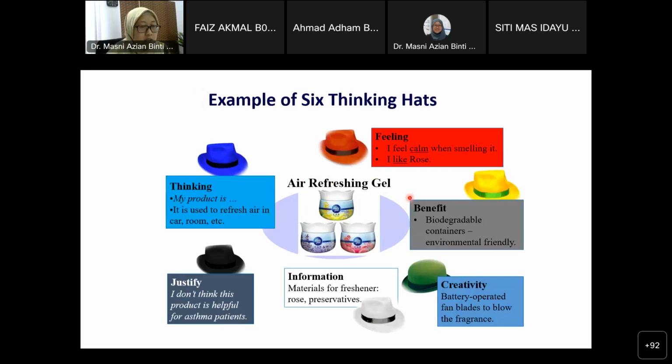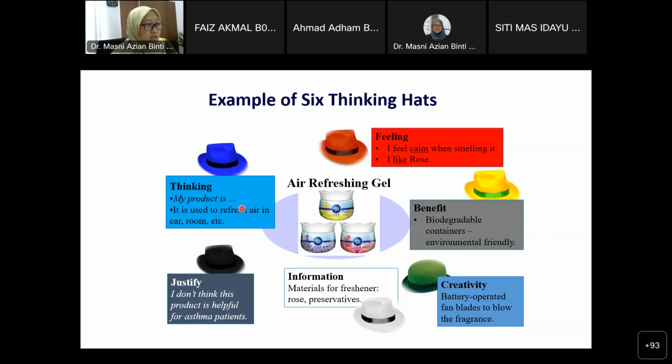Okay. This is an example how you use a six thinking hat to improve the concept of an air refreshing gel. So, kalau siapa pakai air refreshing gel ni, biasanya kita nak buat the environment tu wangi kan? Okay, so siapa yang in charge, the team member who are assigned with the blue hat, they have to think about the process of this product.